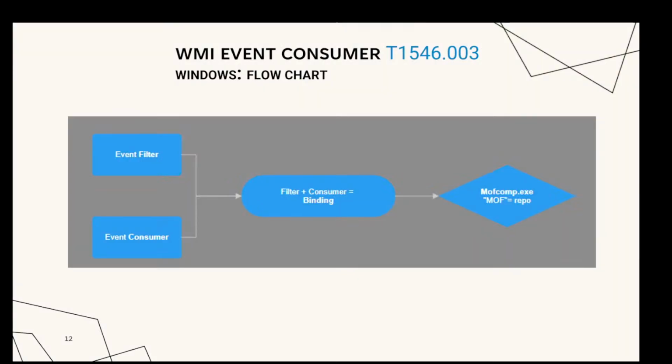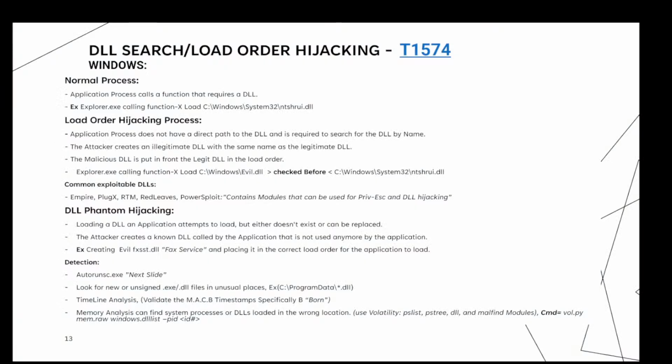And back to our little filter flow chart. Cool. And then we go into DLL search load order hijack. The generic use case for the search load order would be when an application calls a DLL, right?